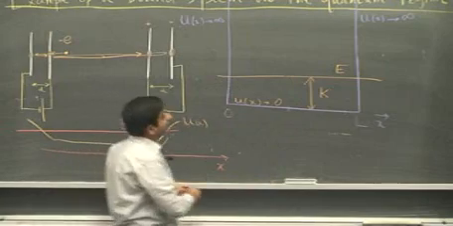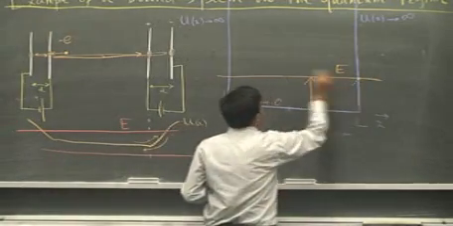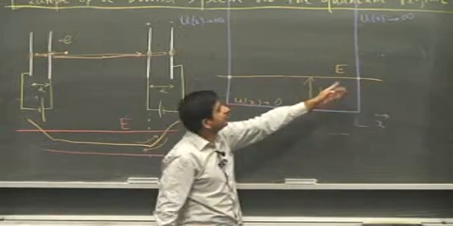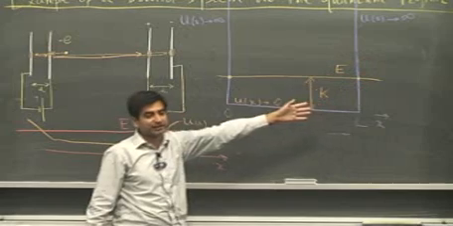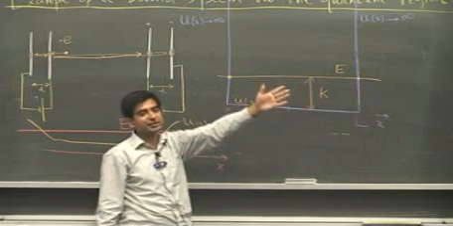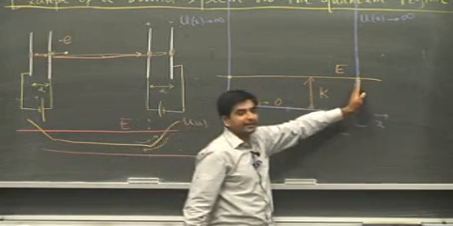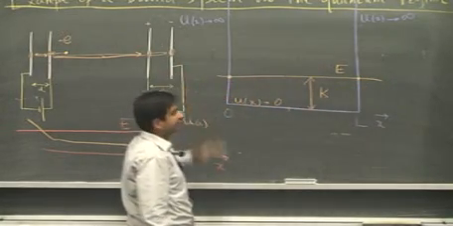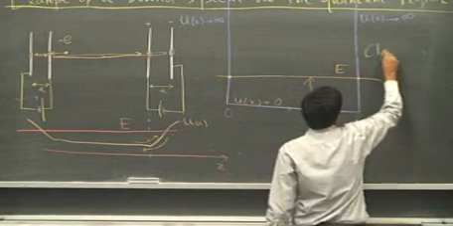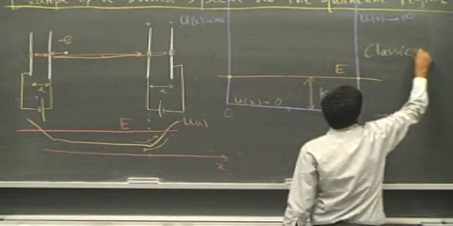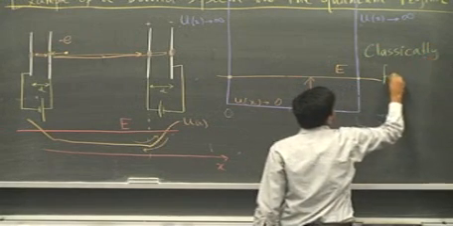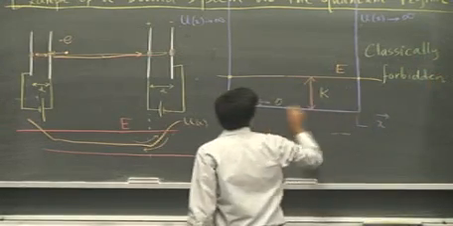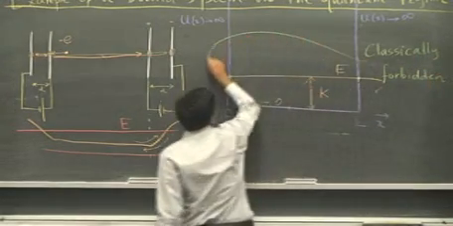However, this is a turning point, and this is a turning point, because beyond this turning point the potential energy is greater than the total energy, and kinetic energy cannot be negative. So this region is forbidden for the electron, and this region is forbidden for the electron. These are called classically forbidden regions. So this is one classically forbidden region, and this is another classically forbidden region.